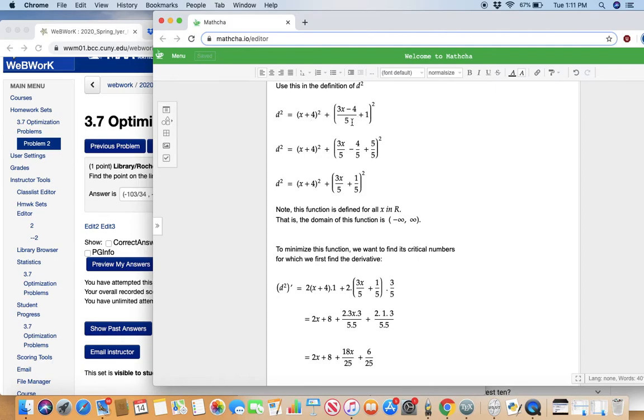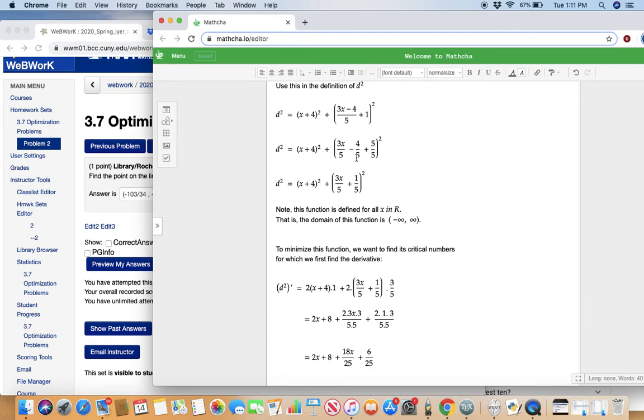Okay. So why don't we simplify this function? Division distributes. So I get 3x over 5 minus 4 over 5 and plus 1. Let me write 1 as 5 over 5 so that I can use a common denominator here. Okay, so I've replaced that 1 by 5 over 5.